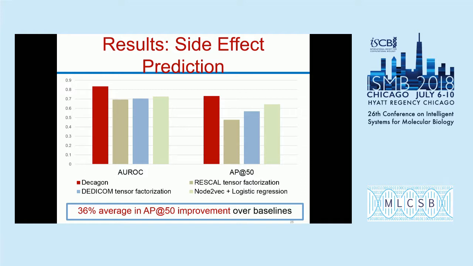We observed that the performance from our model is much better than these baseline models. And furthermore, what this graph neural network can learn are dependencies between side effect types.